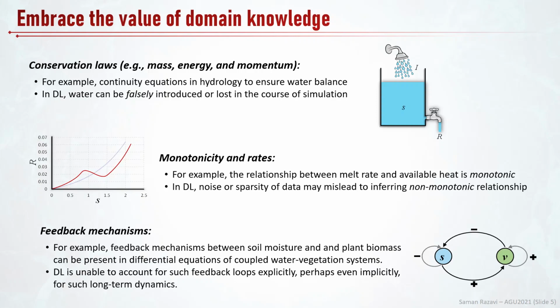But deep learning models are often unable to account explicitly, perhaps even implicitly, for such long-term dynamics. If a particular dynamical behavior is present in training data, then deep learning can capture that behavior. But it has no explicit mechanism to represent that dynamical behavior under perturbed conditions beyond what has been recorded in the training data.